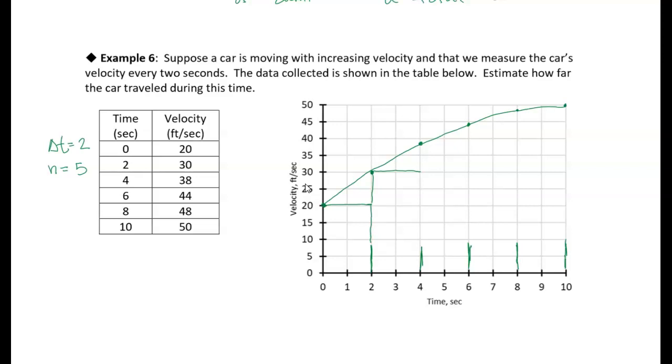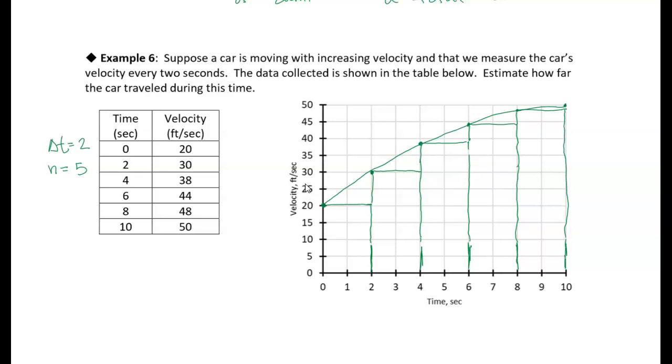I'm using the left-hand data point for each interval. My left-hand sum will be the sum of the areas of each one of these slices here. I'm drawing the left-hand sum here. All right, so you get the idea.